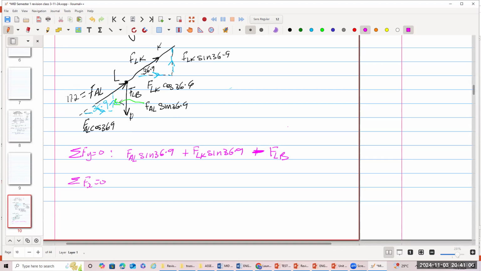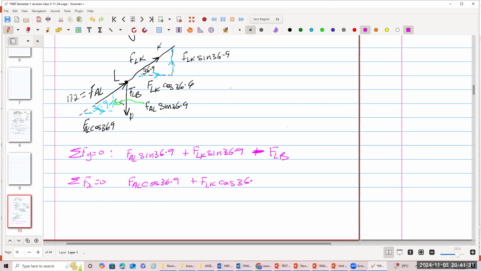So you will have this first one, this one is F_AL cos 36.9. And then the other one is plus, the two positive, F_LK cos 36.9.